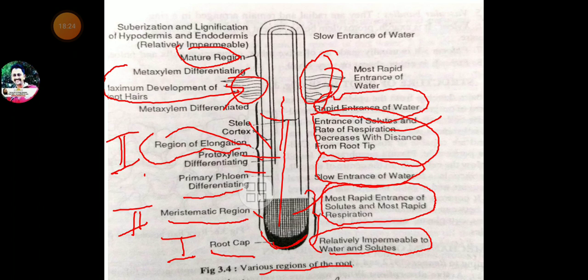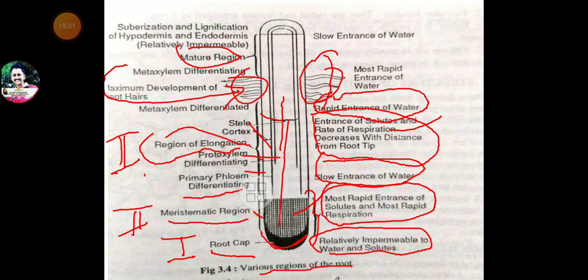Second is capillary water, the water which remains present in the intercellular spaces of soil particles, and that water is the only available water, the only water absorbed by the roots of the plant.